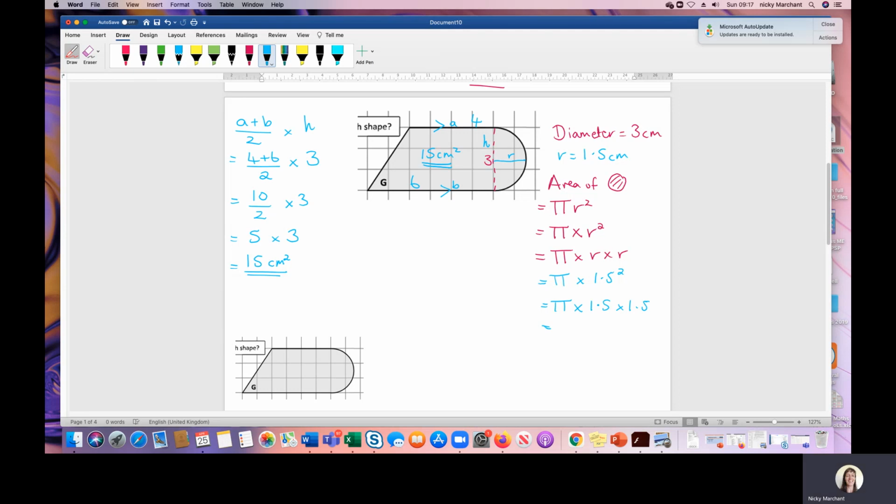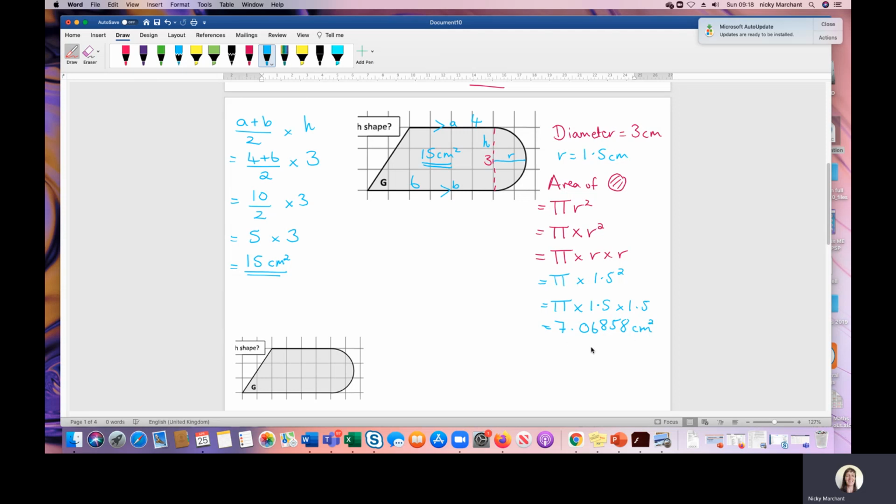This is where you should always put a few decimal places in. We've got 7.0686, okay, and that's cm squared because it is area.